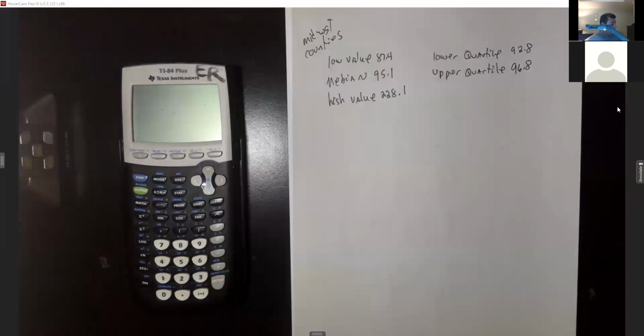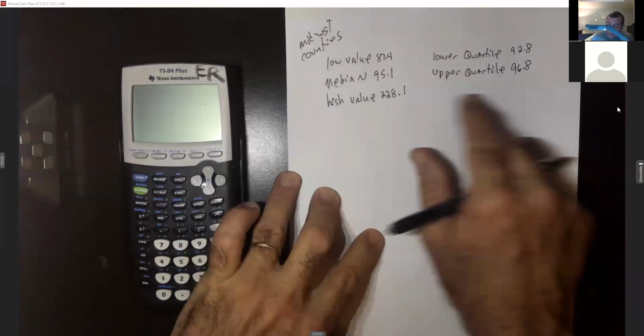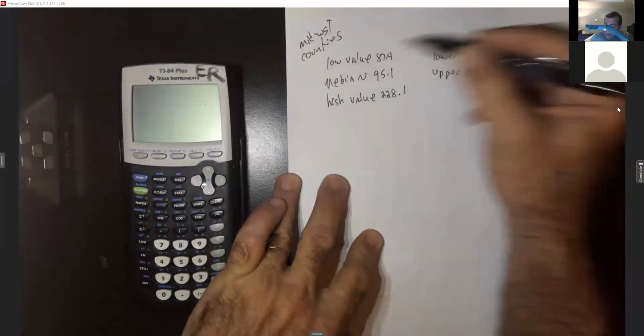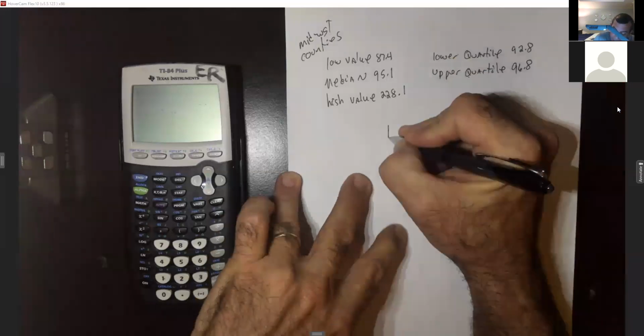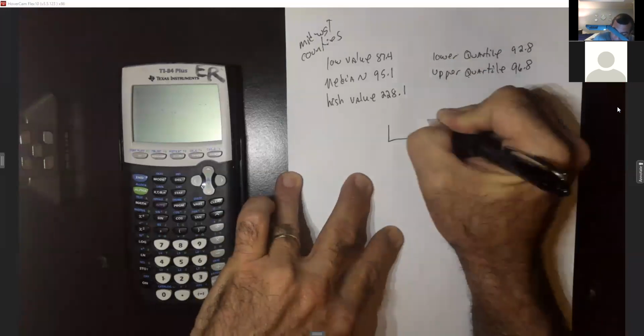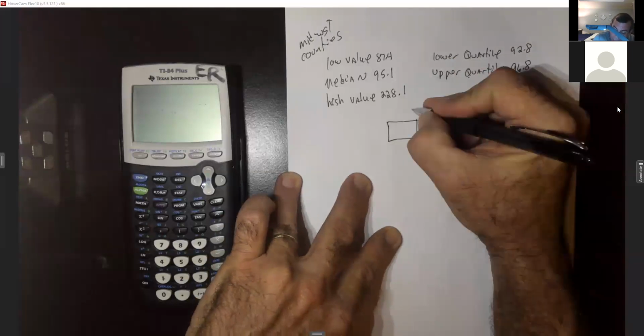All righty, let's see. Then it looks like they was making box plots out of that. So just remember the box plots, your lower quartile, upper quartile, and median will be the box. So your median is going to be the 95.1.